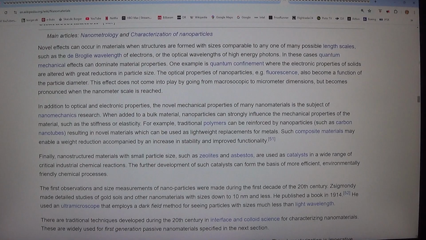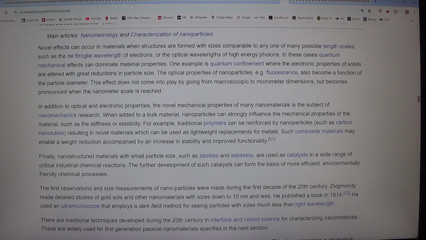In these cases, quantum mechanical effects can dominate material properties. One example is quantum confinement, where the electronic properties of solids are altered with great reductions in particle size. The optical properties of nanoparticles, for example fluorescence, also become a function of the particle diameter.